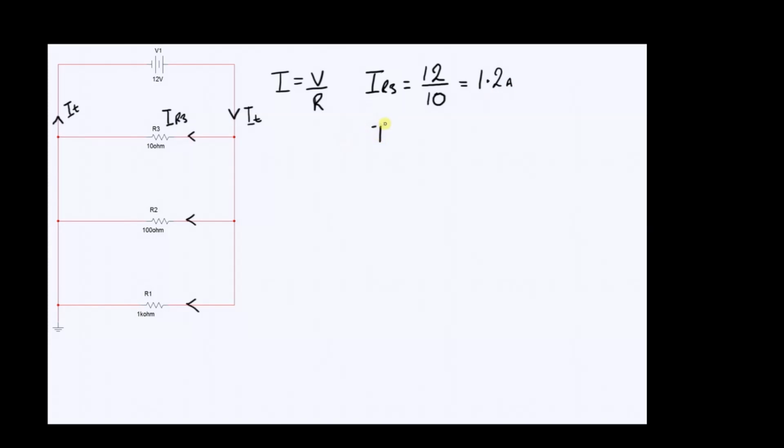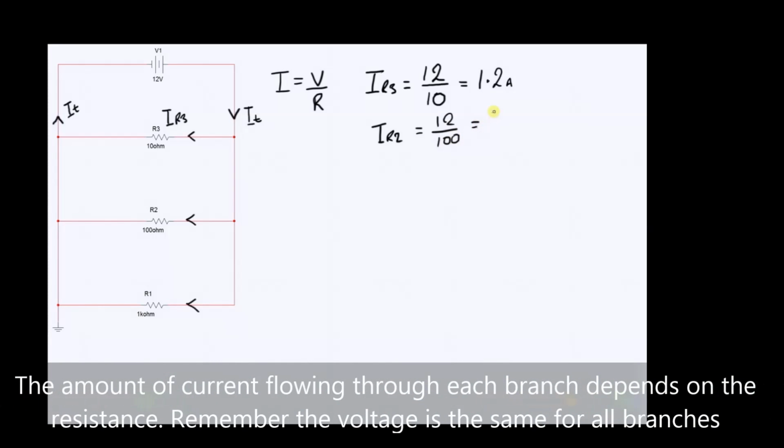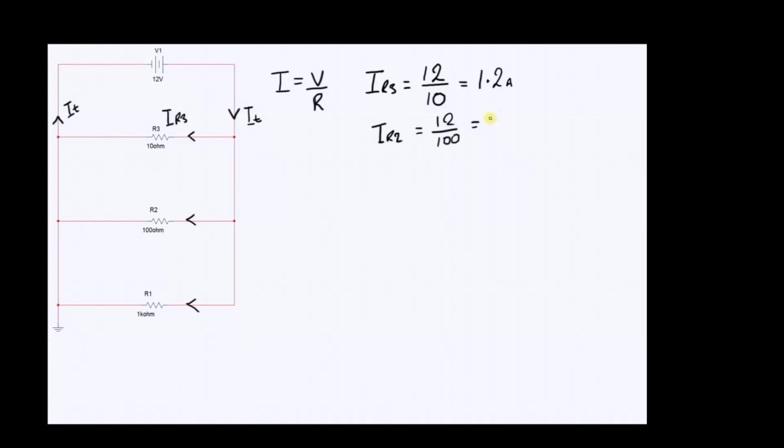And we will do the other ones as well very quickly. IR2 is 12 divided by 100. It's 10 times smaller, of course, than IR3. The current is 0.12 of an amp.